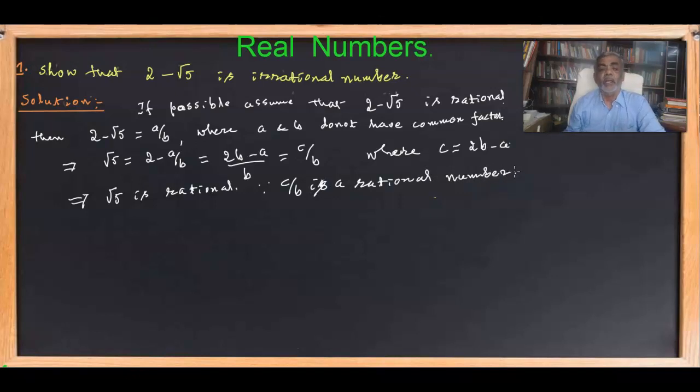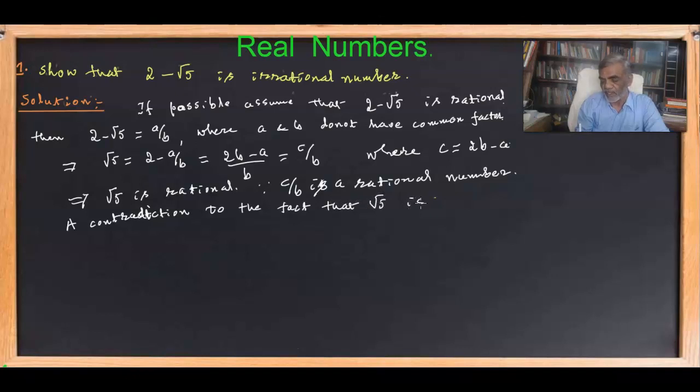Now you know the square root of any prime number is always irrational, a contradiction to the fact that root 5 is irrational.